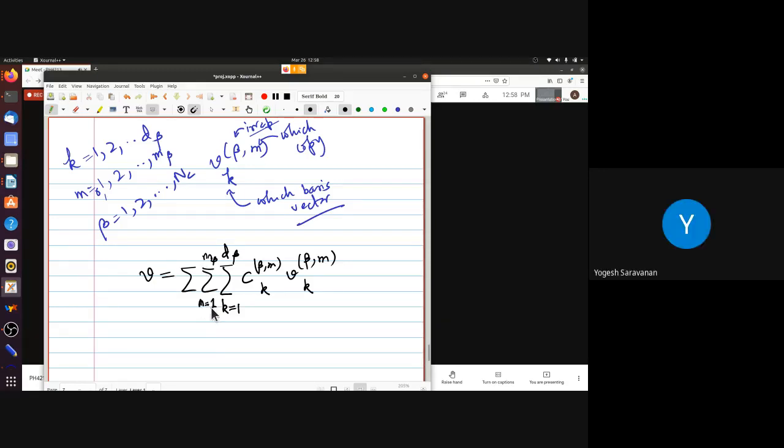And beta will go from 1 to the number of classes. Well, actually, that's the maximum it can go to. Usually, not all irreps may occur in a particular representation. In my example, that was effectively the regular representation, and the regular representation has every irrep in it. But it can go from 1 to n, where n is less than or equal to nc. You can make it go up to nc, and if a particular beta is not in this representation, you just put m beta equal to 0 for that.